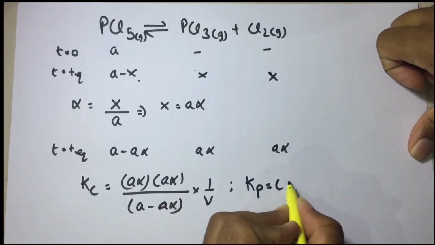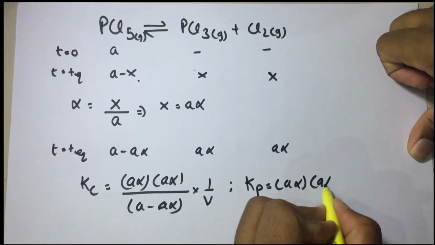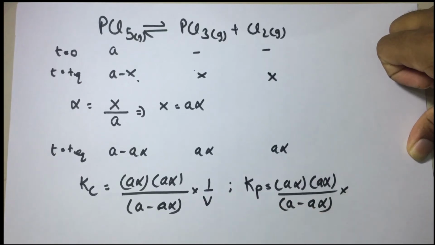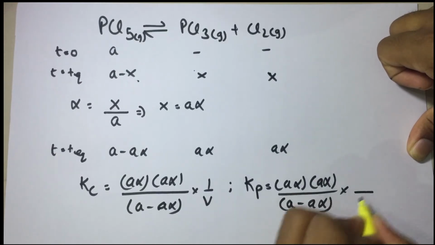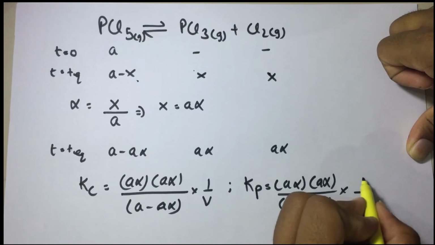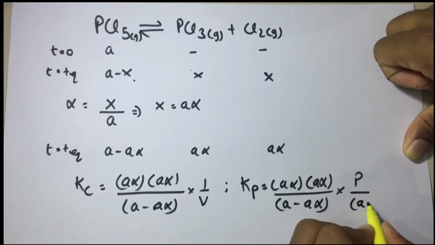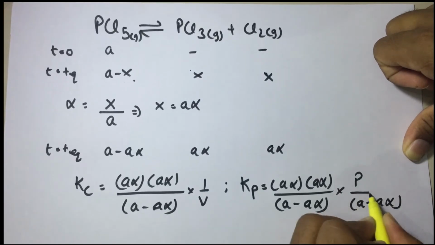Kp will be A alpha into A alpha divided by A minus A alpha. Here we multiply pressure over total number of moles, and total number of moles is A plus A alpha.